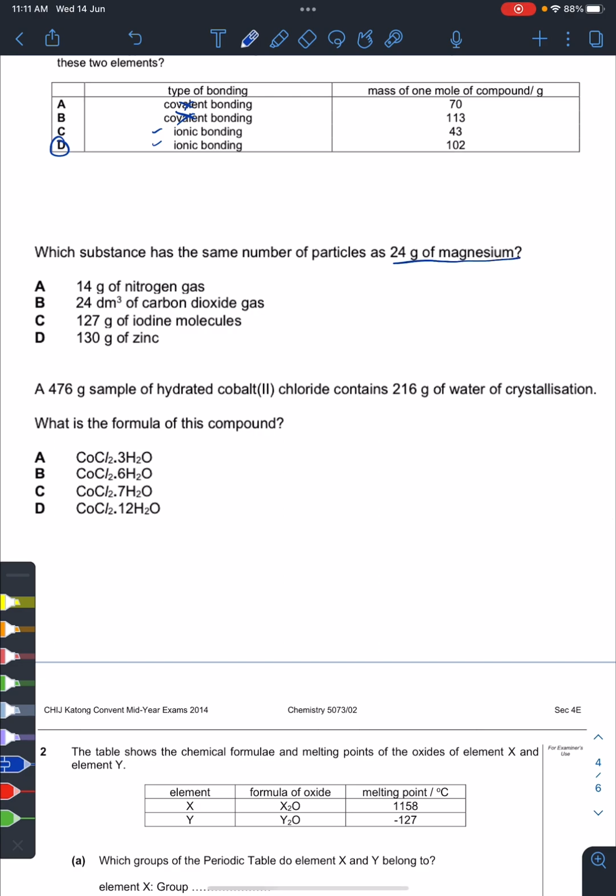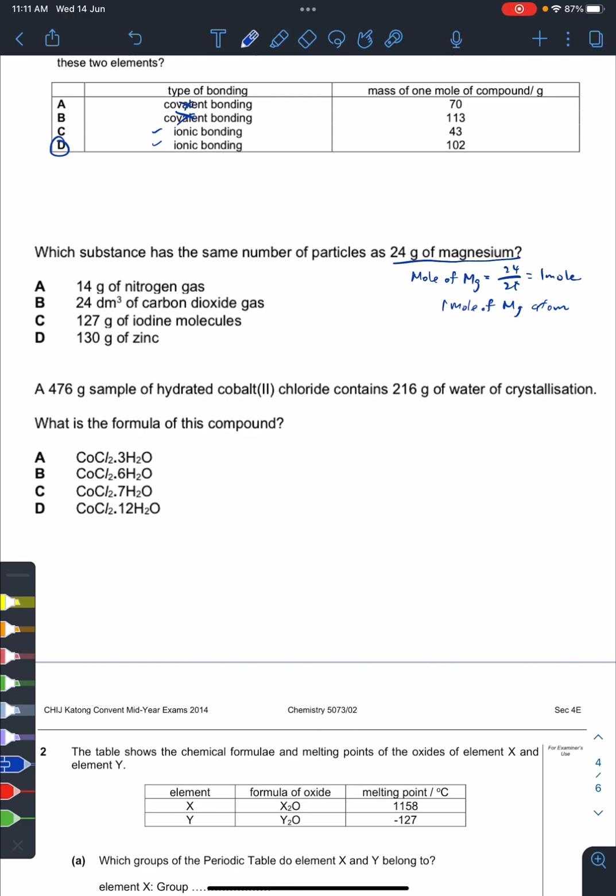24 gram of magnesium. So again, mole of Mg equals 24 over 24 equals 1 mole. So I have 1 mole of Mg atom. Mg is alone, atom is alone. Cool. Okay. What about 14 gram of nitrogen?